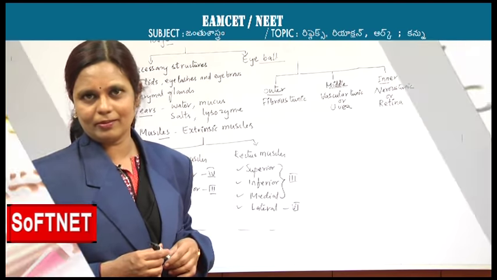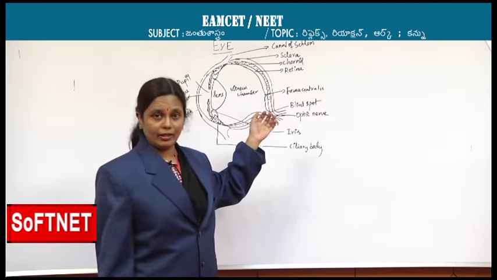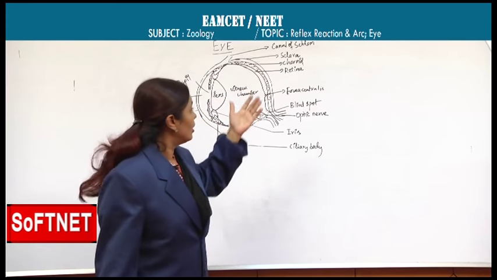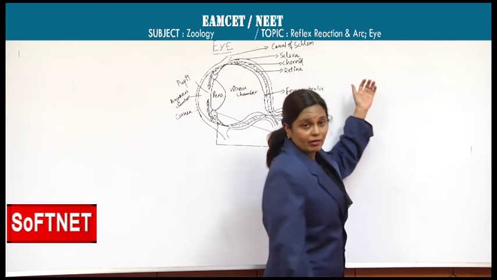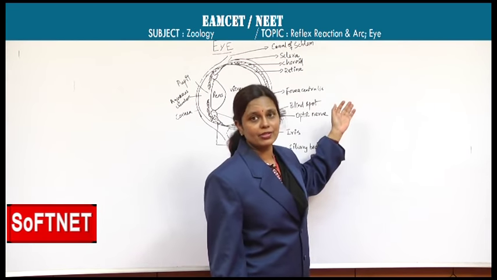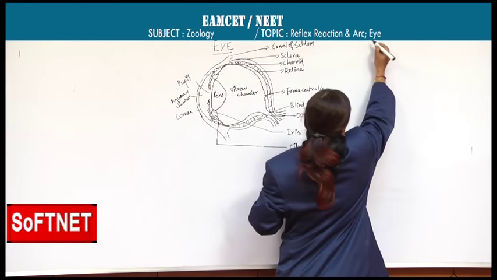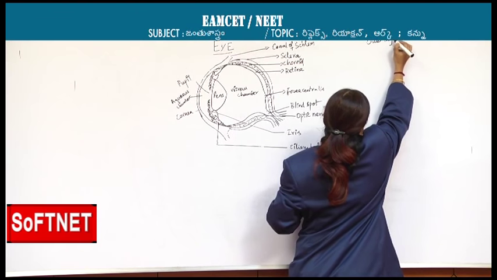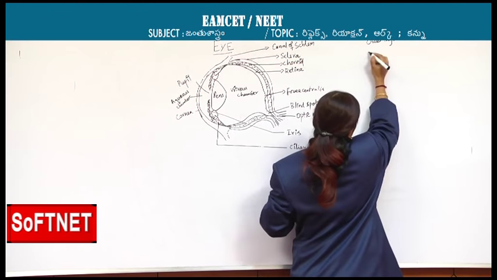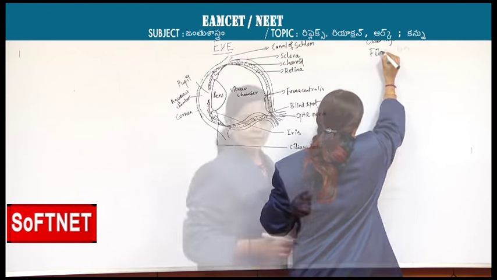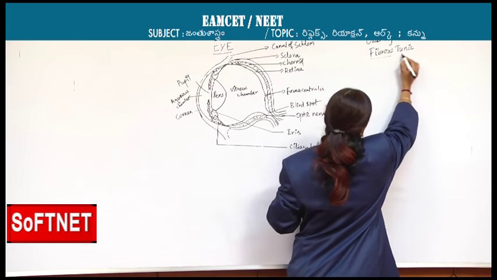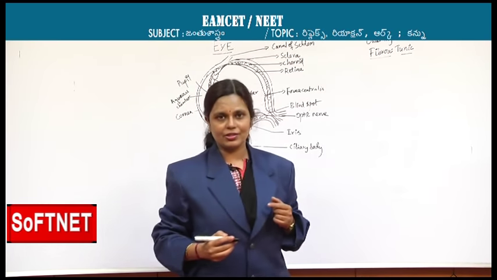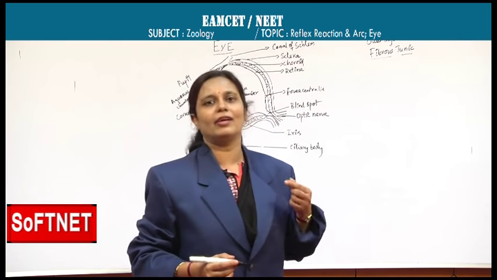Out of the 3 layers of the wall of the eyeball, the outermost layer is nothing but fibrous tunic. Outer layer is fibrous tunic. Now this fibrous tunic has 2 regions. Tunic stands for a layer.